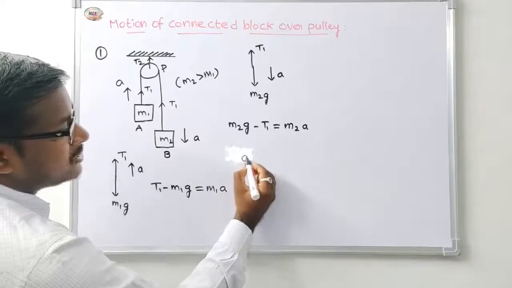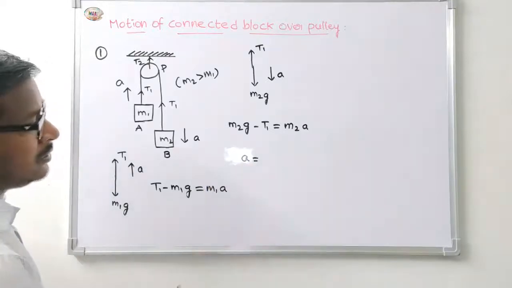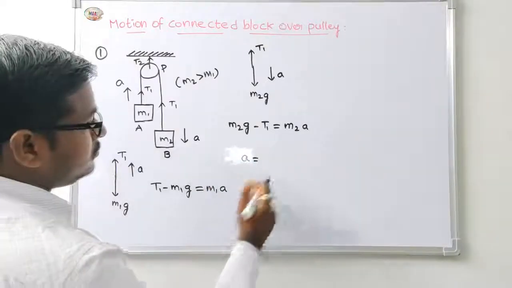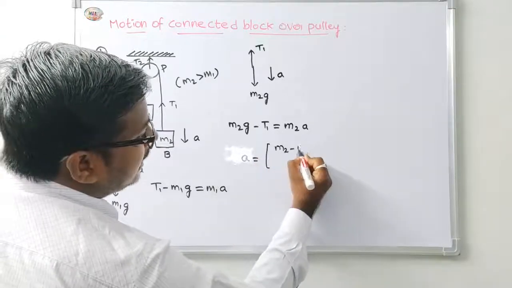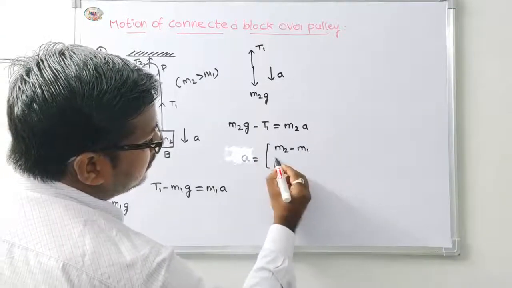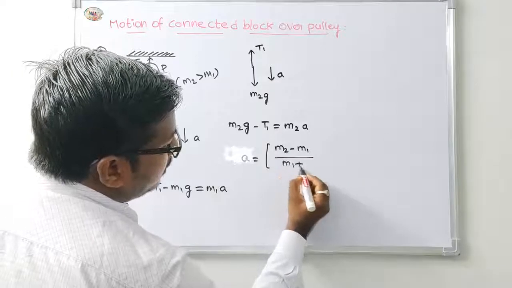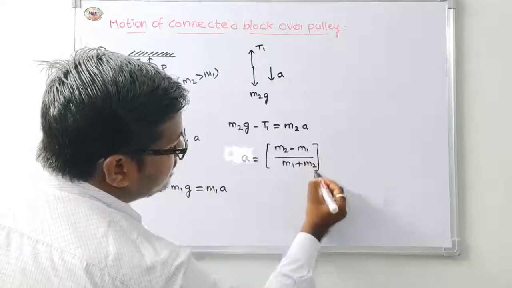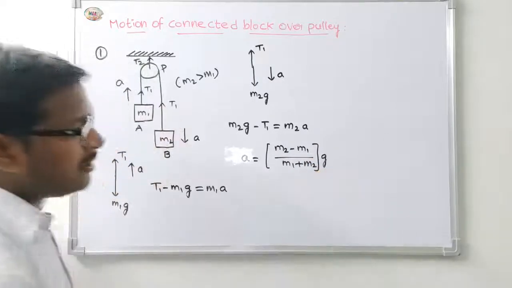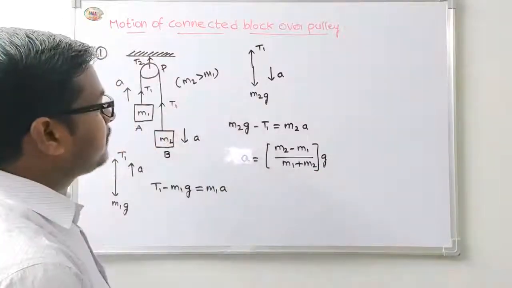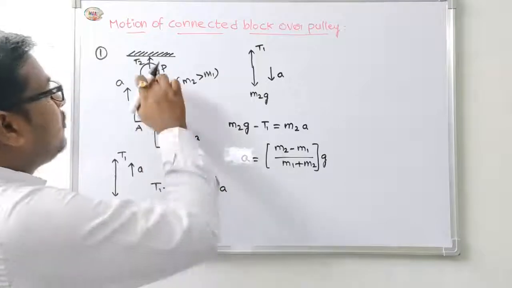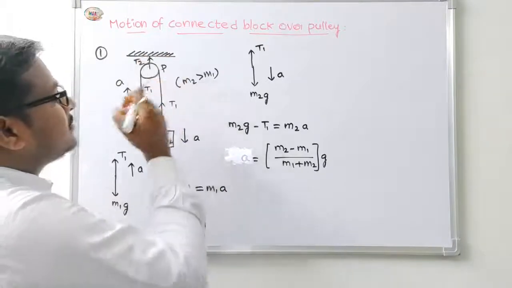Then acceleration A is equal to (M2 minus M1) by (M1 plus M2) into G. This is the acceleration in this case. Okay, the pulley is connected to the support.